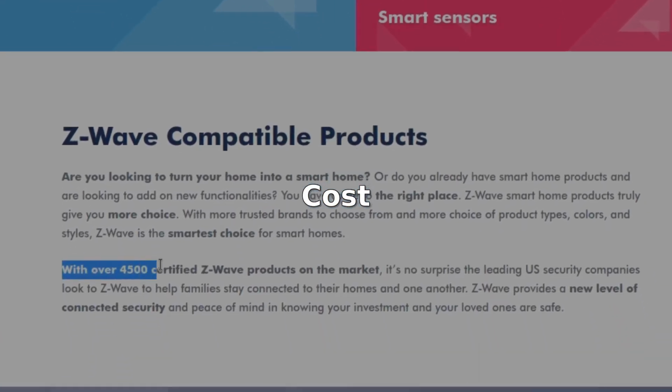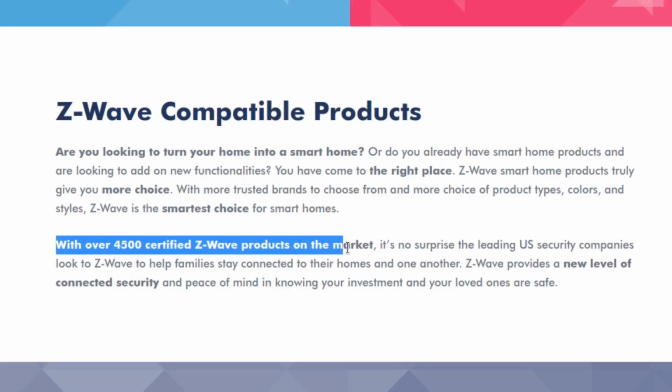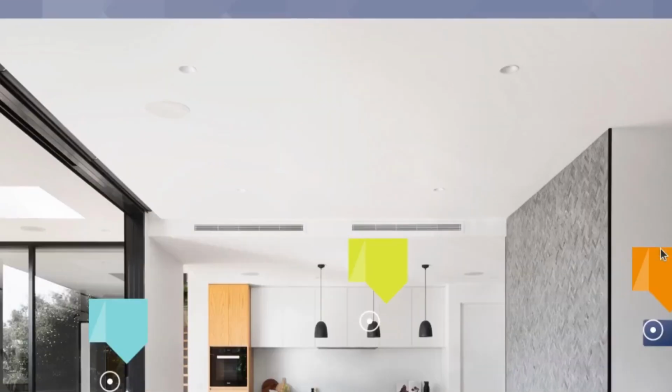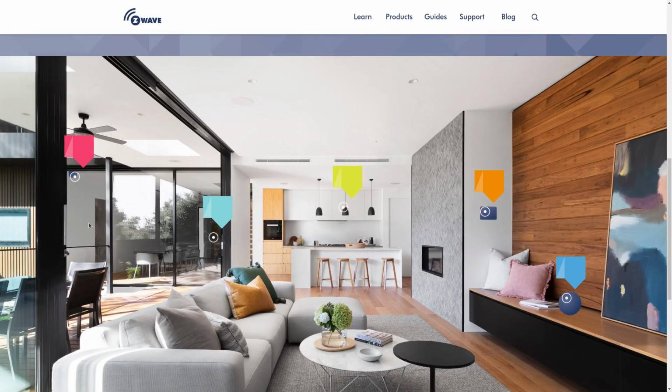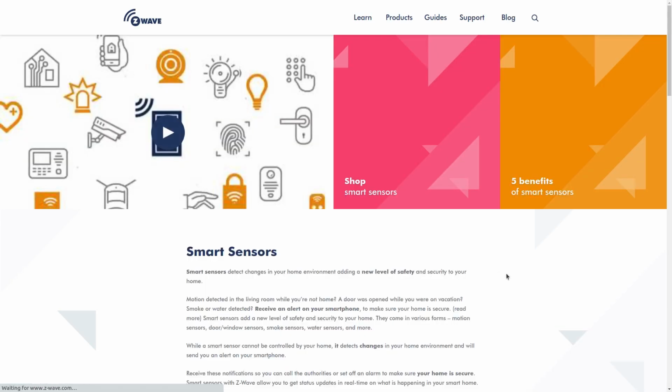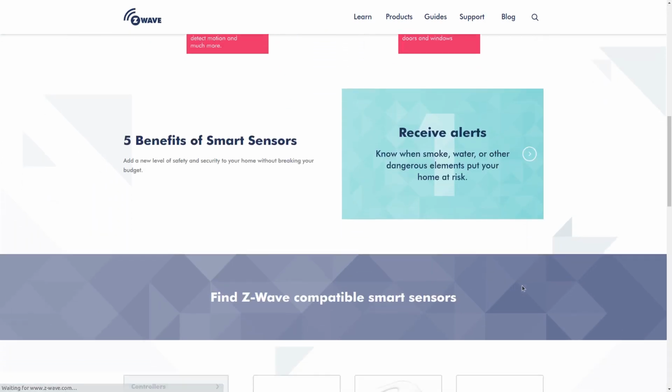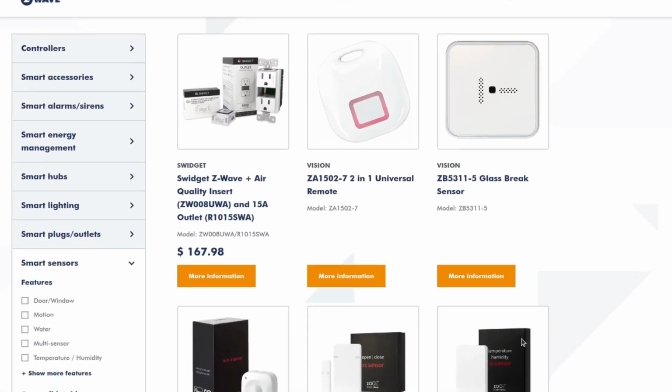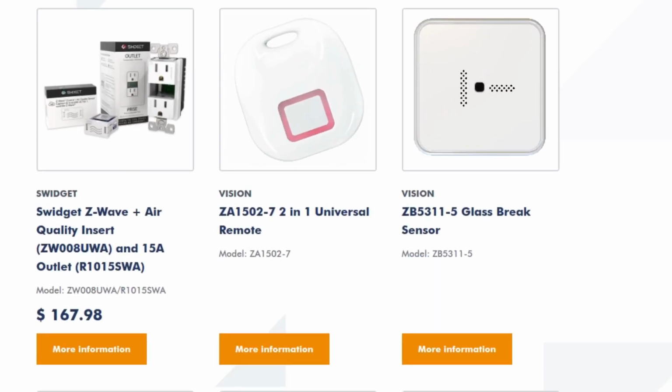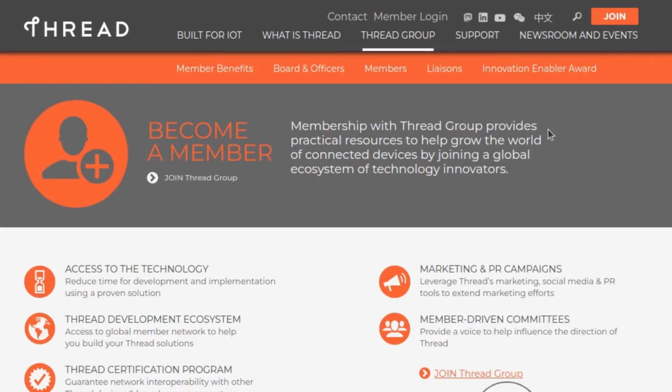With the fierce competition between Zigbee and Z-Wave, Z-Wave prices have become more competitive. It is today not uncommon to find Z-Wave products that are cheaper than their Zigbee competition or with more features. Thread being an open standard, competition between manufacturers should drive prices lower. Also, the sponsors behind Thread have very strong pricing power.